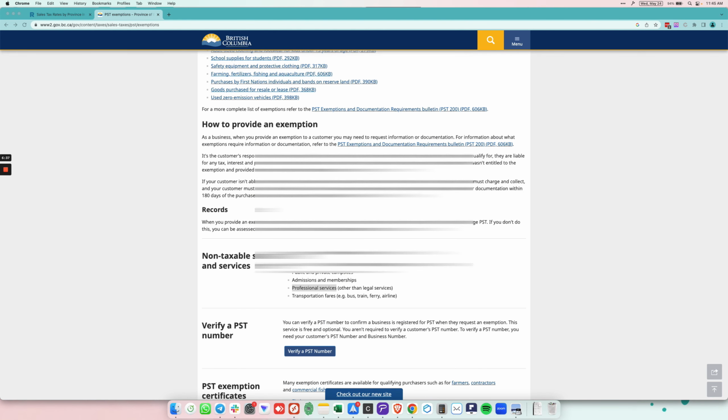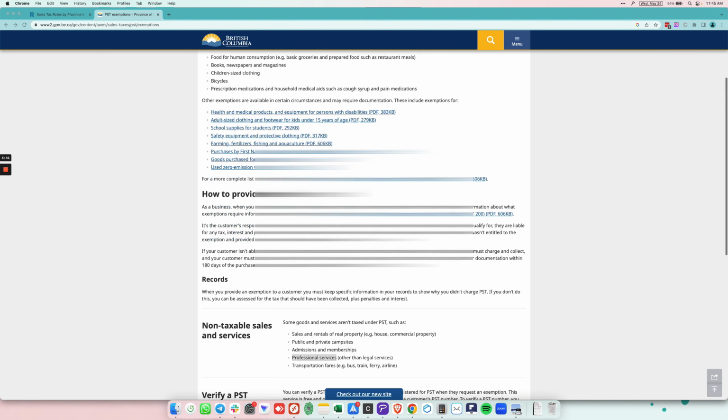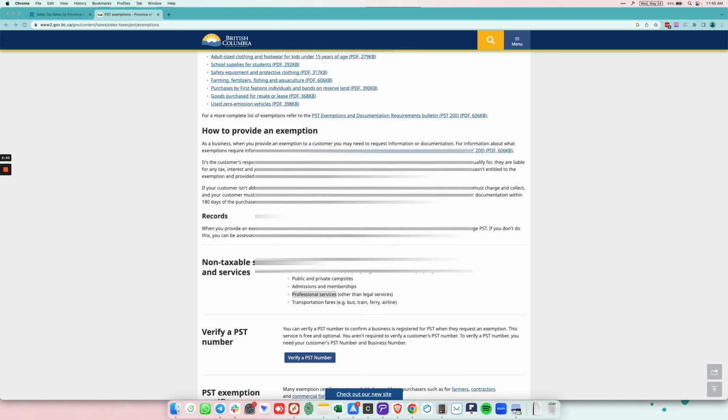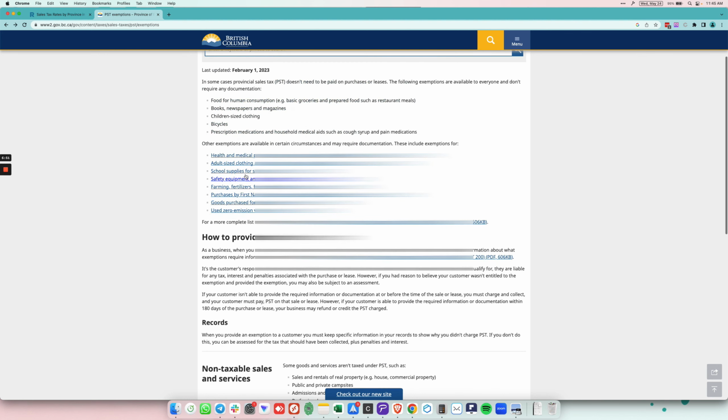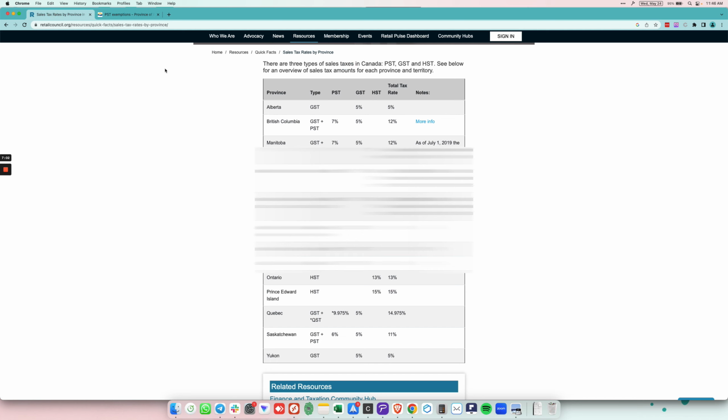Okay, so you can see here, these are the PST exemptions from BC, and you can see it says non-taxable sales and services, professional services other than legal services. So accounting, you don't charge PST in BC for that, but again, it would depend on your industry. I'm just telling you, there are a lot of exemptions with these type of things. So just be sure before you start registering or charging, double check.